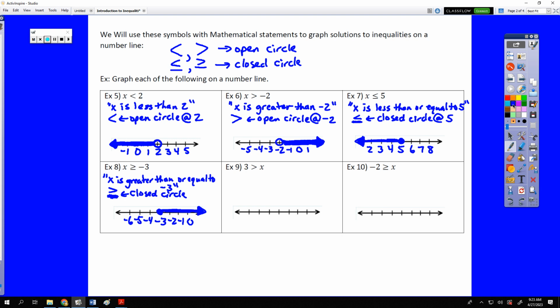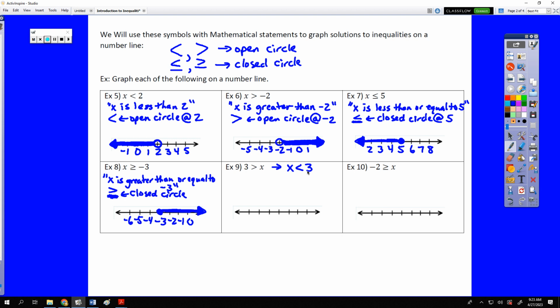Example 9. What does that say in words? 3 is greater than x, which means we're going to have a problem if we try to do it the way we've been doing it. See, what that means is that if 3 is greater than x, x is less than 3.